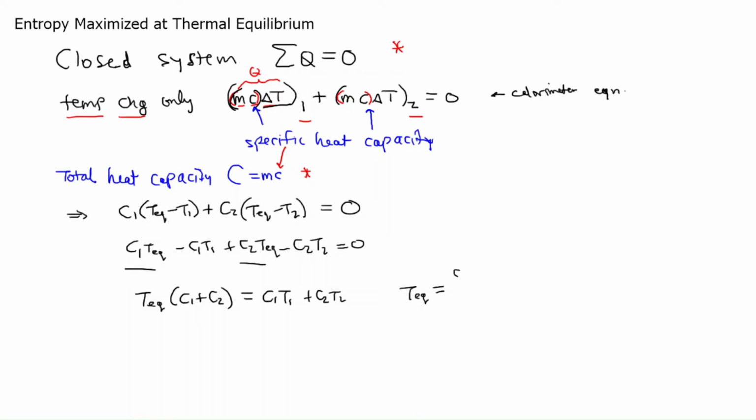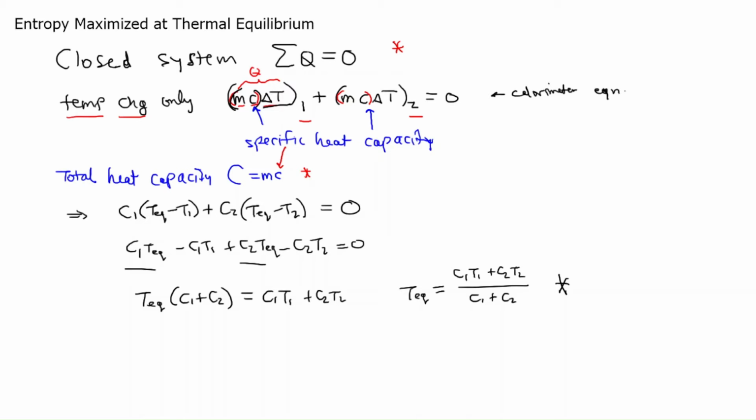So what I'm getting for this equilibrium temperature is C1T1 plus C2T2 divided by the sum C1 plus C2. Let's keep that in mind here. Again, that's not the point of our video today.